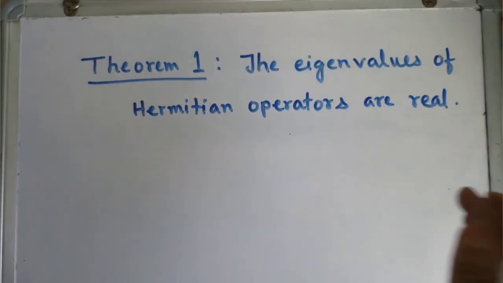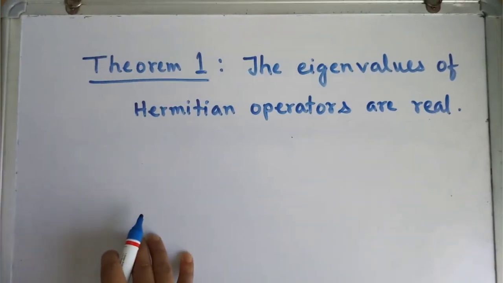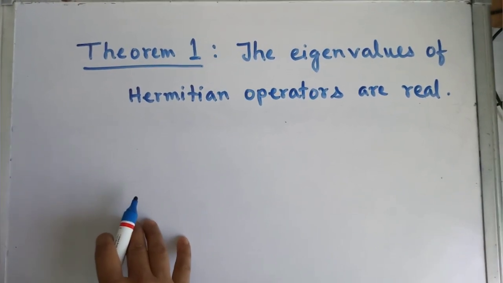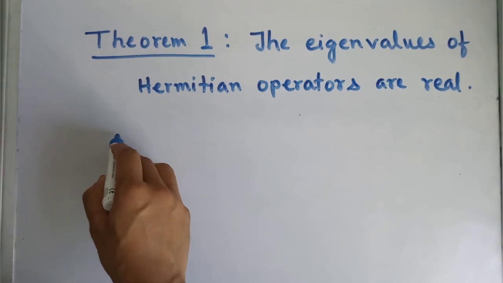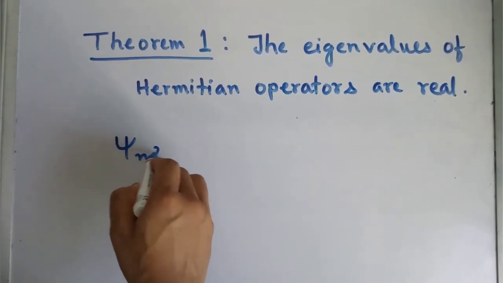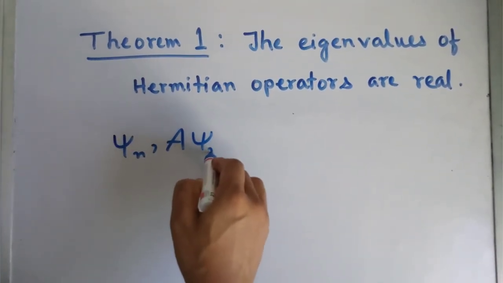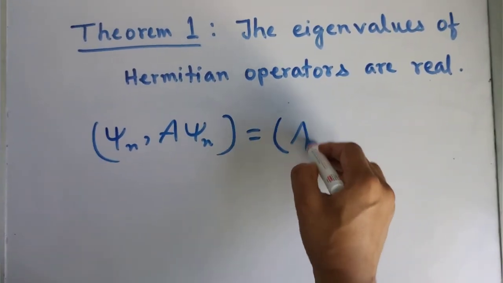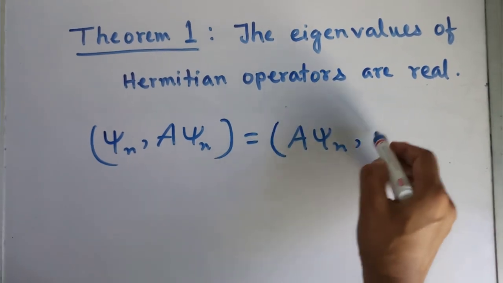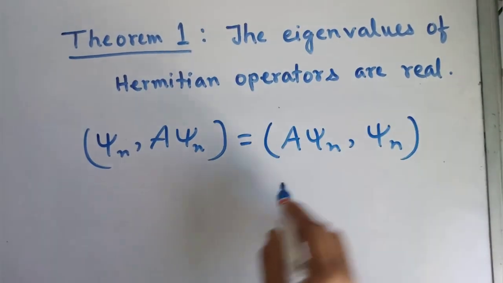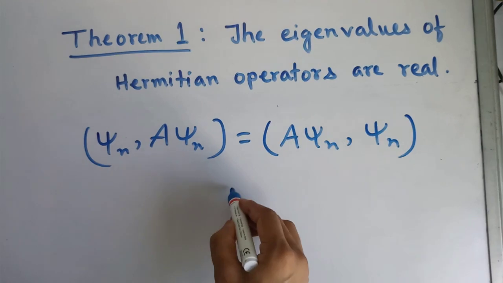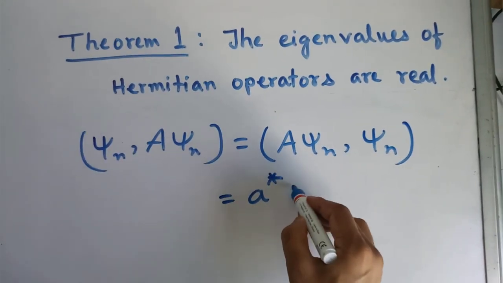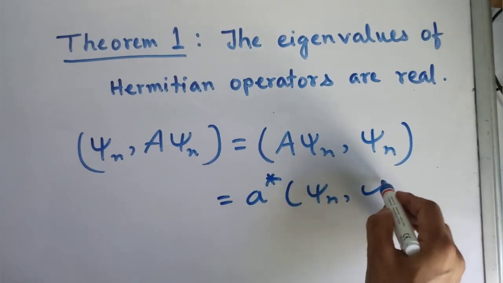Now since your operator is a Hermitian operator, we can write (psi n, A psi n) equal to (A psi n, psi n), but this will give you a n star (psi n, psi n).